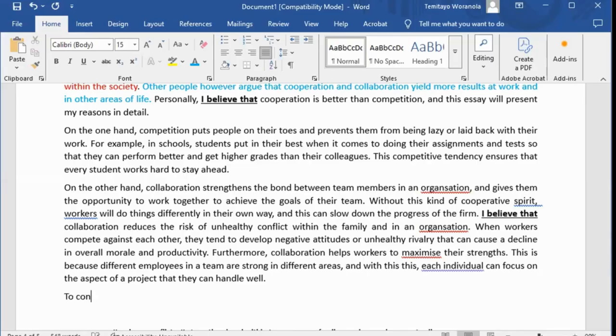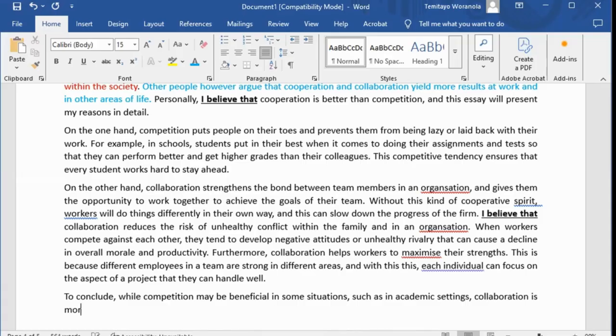To conclude, while competition may be beneficial in some situations, such as in academic settings, its overall impact, while competition may be beneficial in some situations, such as in academic settings, collaboration is more effective in the long term.